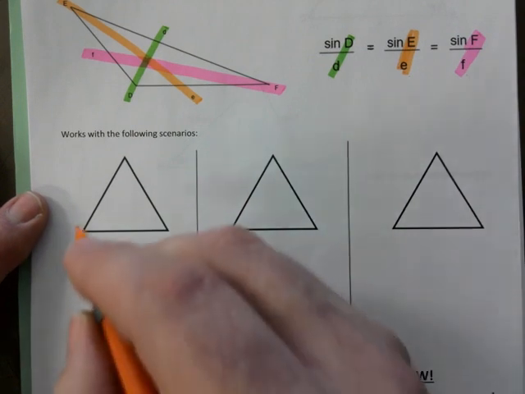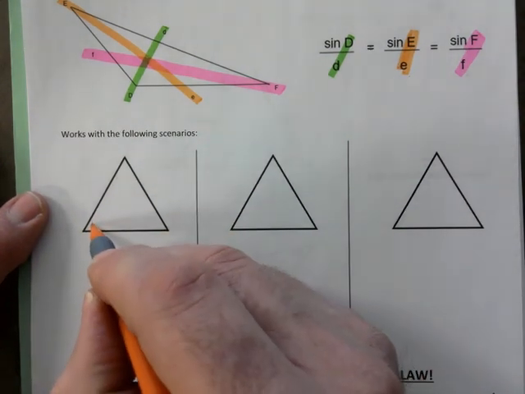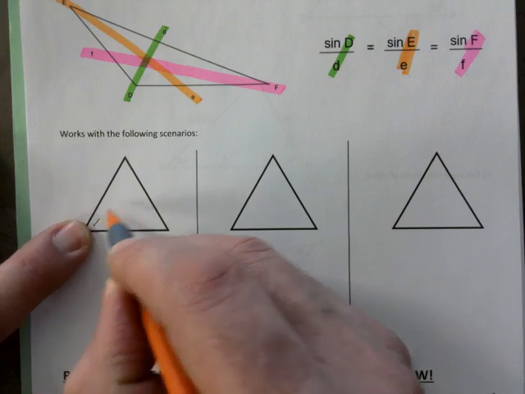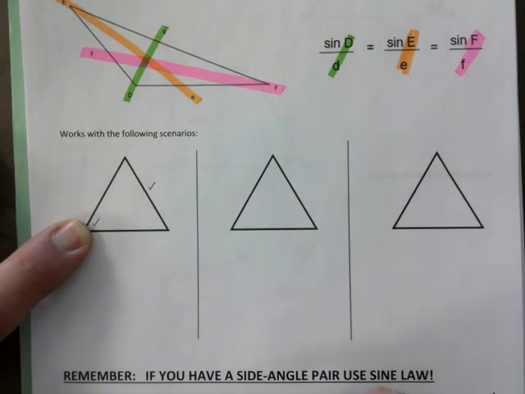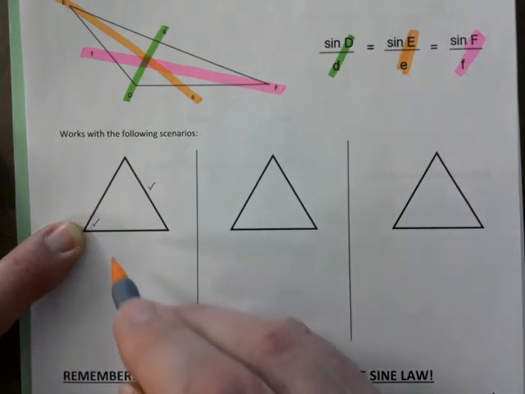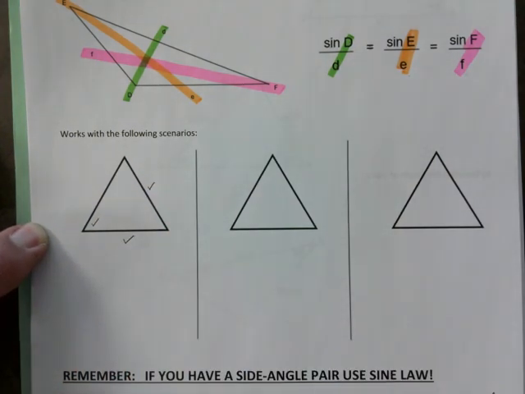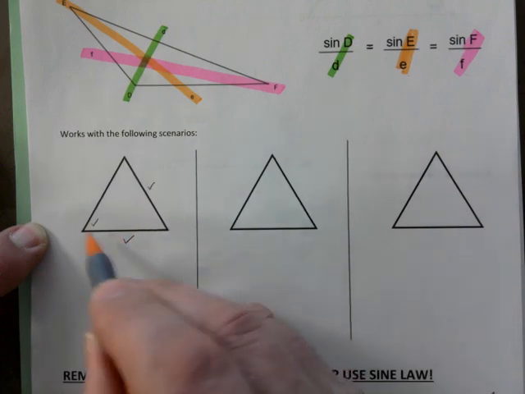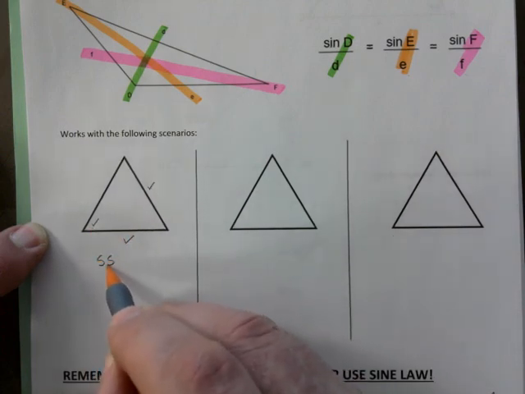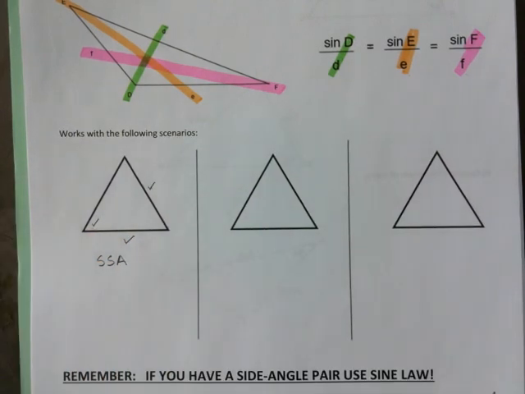The first scenario is, let's pick any angle. I'm going to pick this one. If you know the side that's across from it, and any other side, it doesn't matter. Let's say this side. This is what we call a side-side angle. And I'm not going to tell you what it spells backwards because it doesn't matter.